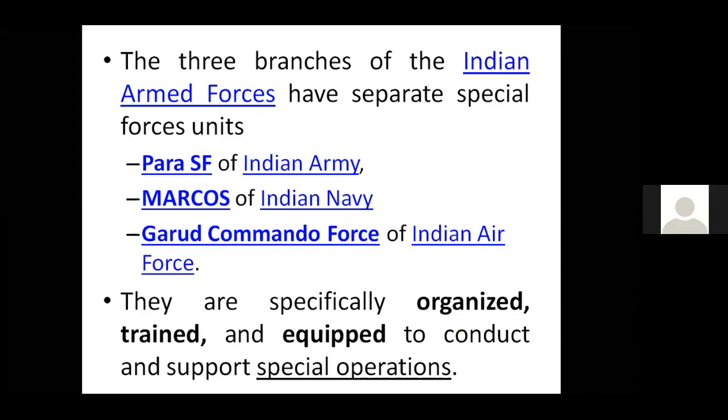Second is the Marcos, right? Marcos stands for Marine Commandos. Officially they are also known as MCF, which we will see later, what exactly it is.